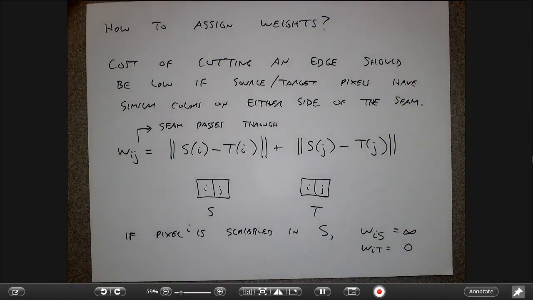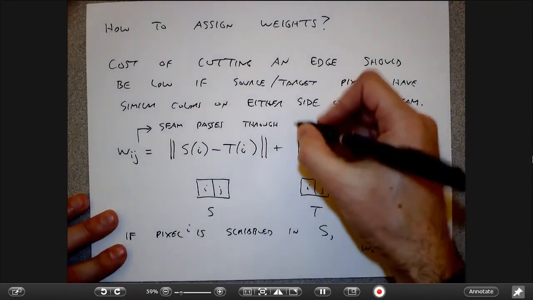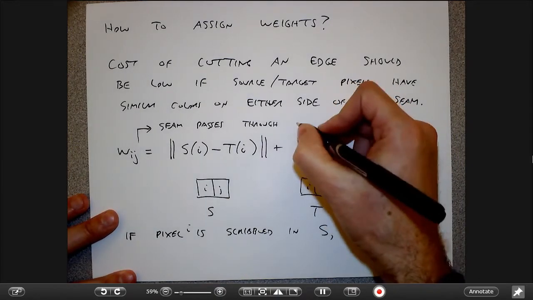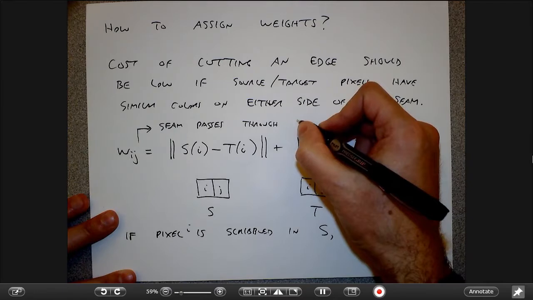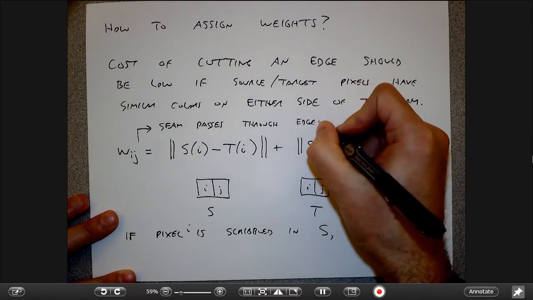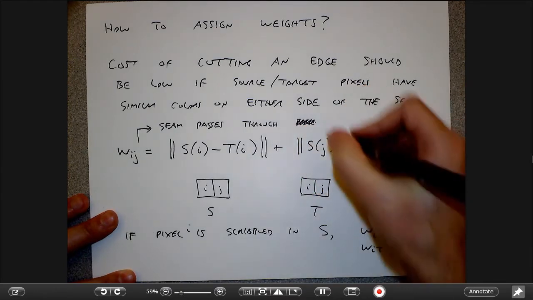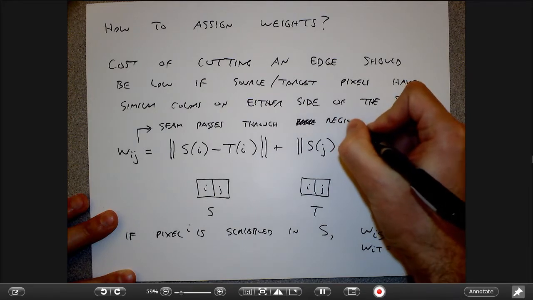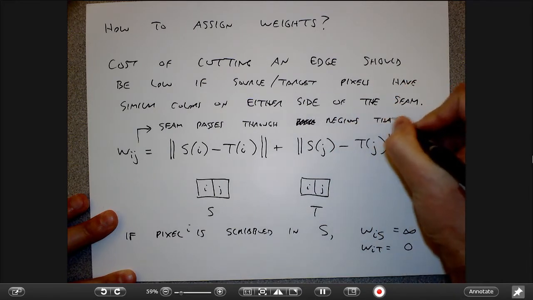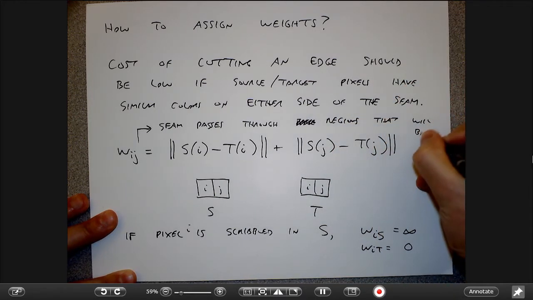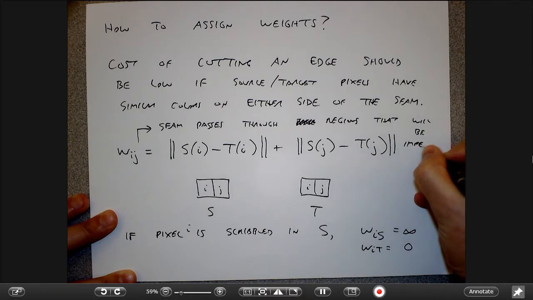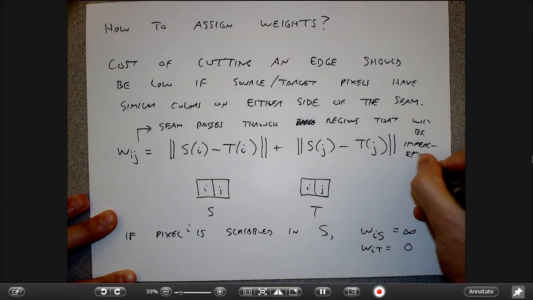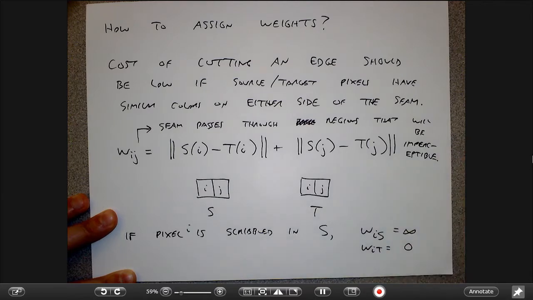And that's okay, right? All we want is that the seam passes through, edges. Well, edges is probably not the right word. The seam passes through regions that will be imperceptible. Okay.